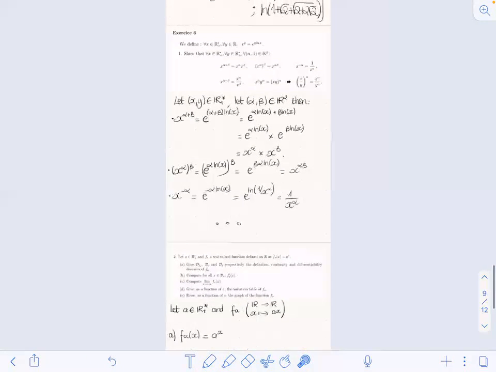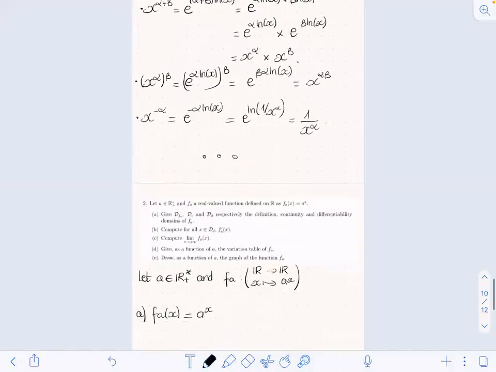So we've got a to the power x, and we've got the definition up here. Exponential of x, logarithm of a.